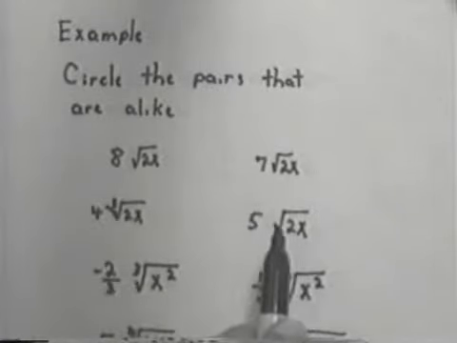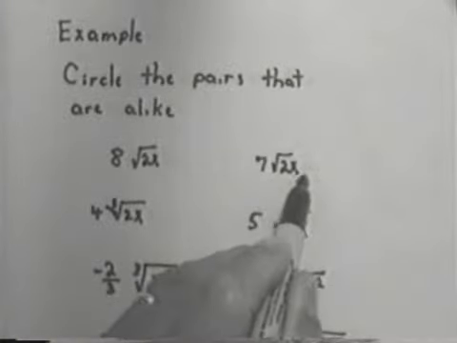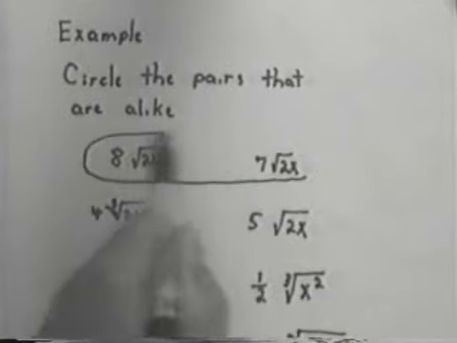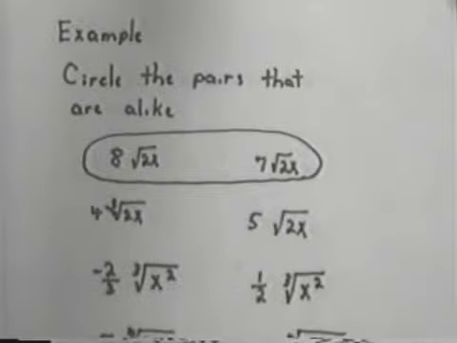Like radicals have the same index and the same radicand. I'm not even looking at the coefficients. I'm only looking at the index and the radicand. Both of them have an index of 2. Both of them have a radicand of 2x. So therefore, these two radicals are alike.